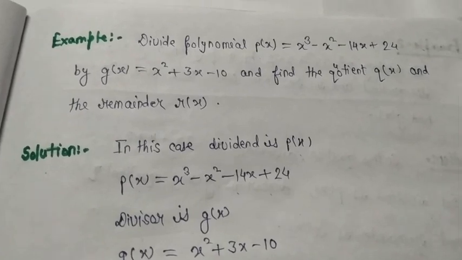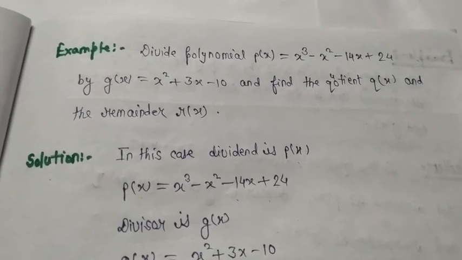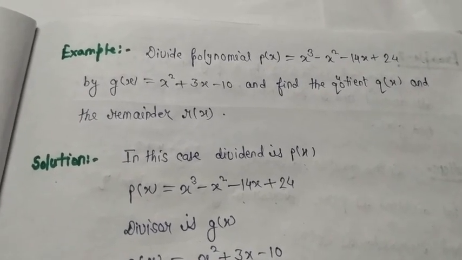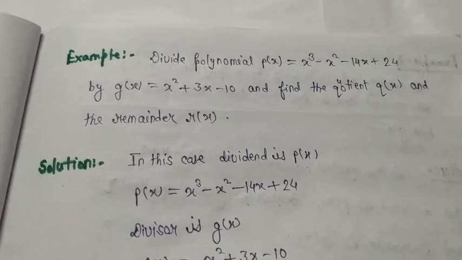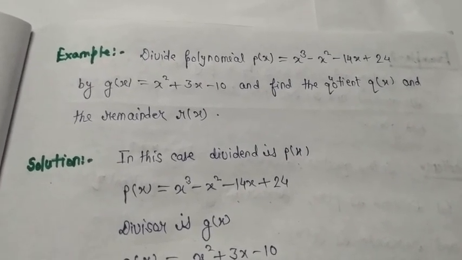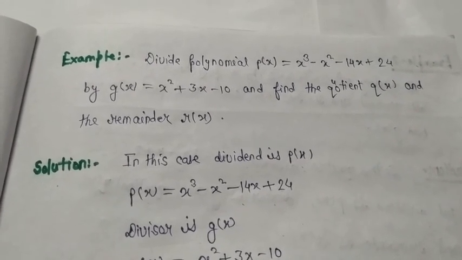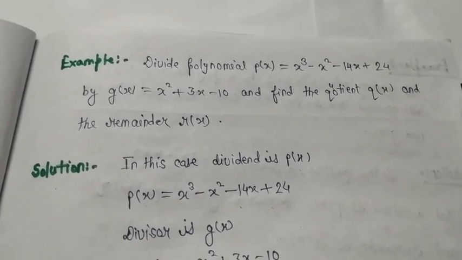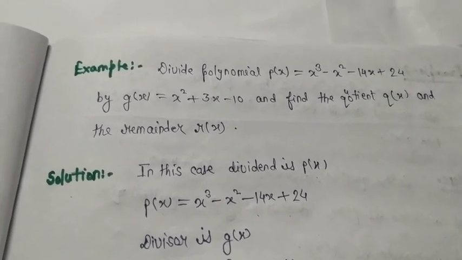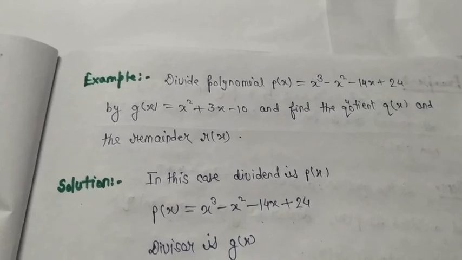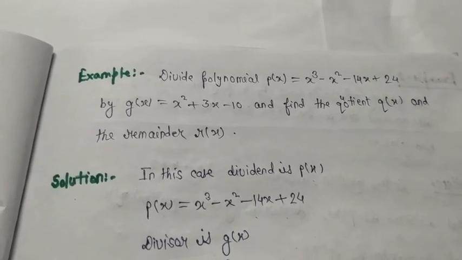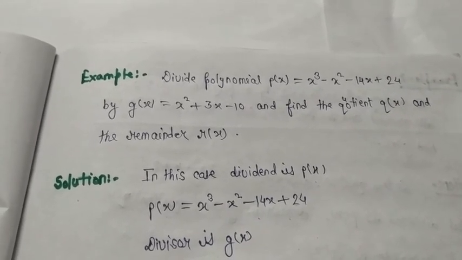Okay children, let's solve one question based upon the division algorithm. See, divide the polynomial p(x) equal to x cube minus x square minus 14x plus 24 by g(x) equal to x square plus 3x minus 10 and find the quotient q(x) and the remainder r(x).